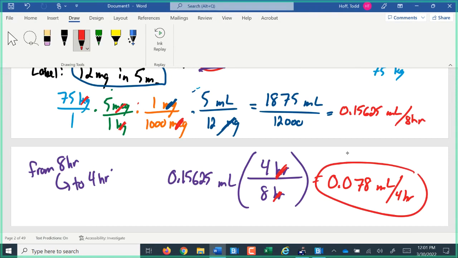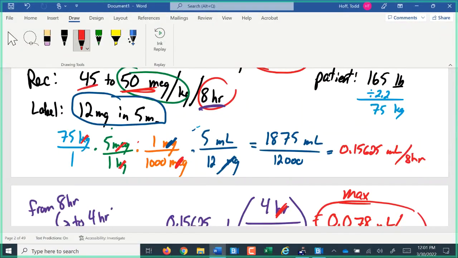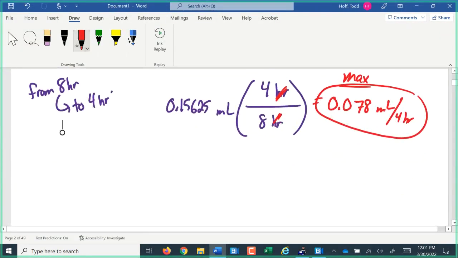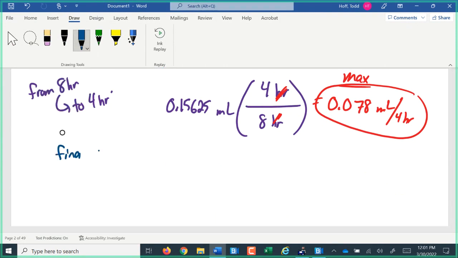And again, this is the max dose. So when you find the minimum side, that was found off of the 50. We need to titrate it to the 45. To find our minimum, we take the 0.078 milliliters every 4 hours.